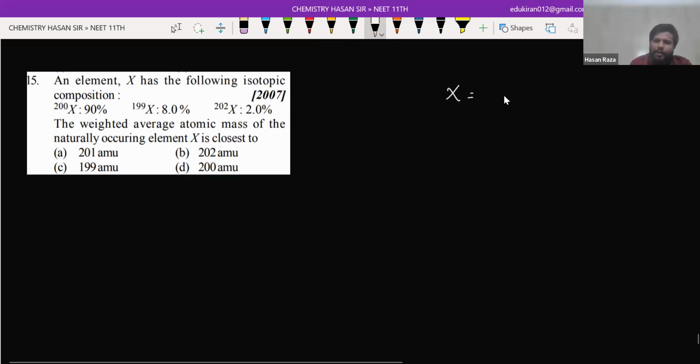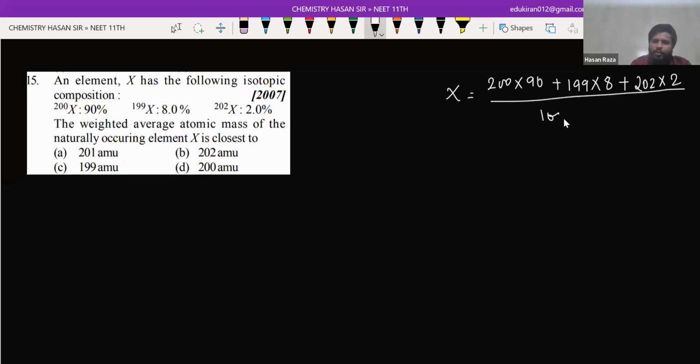That is, X will be equal to the mass 200 with its percentage 90, plus 199 with percentage 8, plus 202 with percentage 2, divided by 100. If you divide it by 100, approximately it comes out to be 200 AMU. Is that clear, everyone?